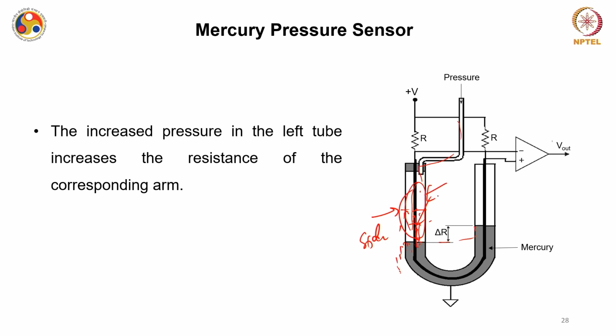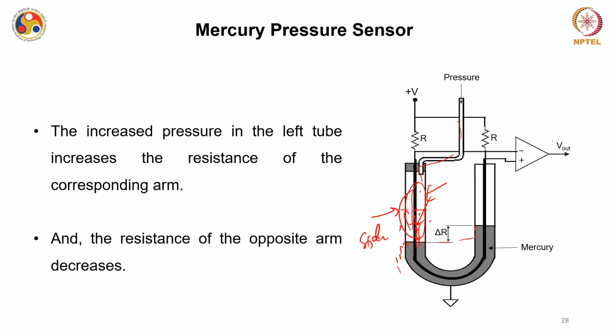So when it was dipped in the liquid, the resistance was low. Now when it is exposed, the resistance will increase. So the increasing pressure in the left tube is actually increasing the resistance of the corresponding arm.